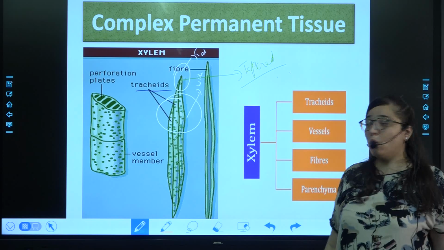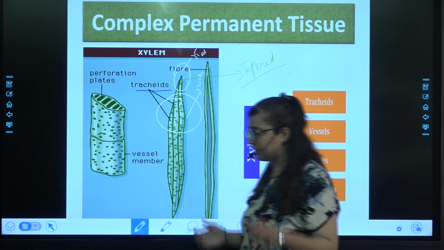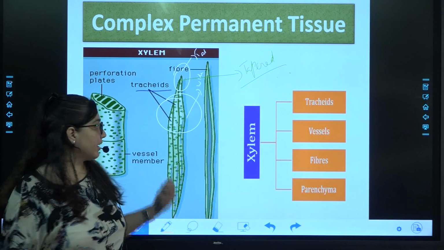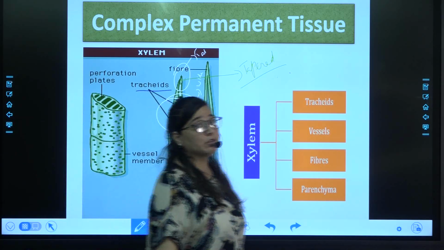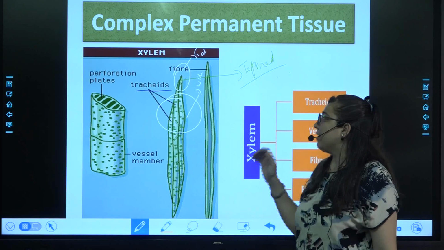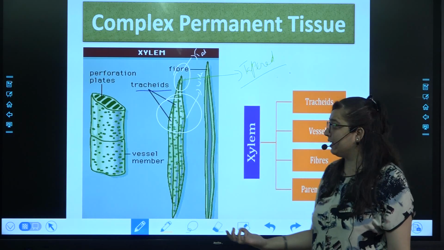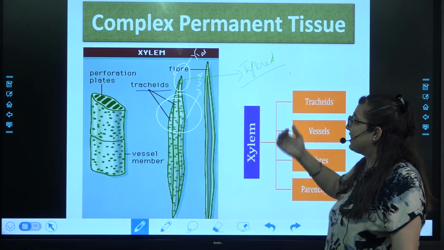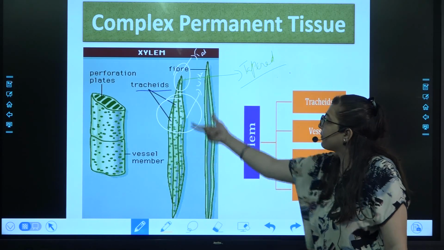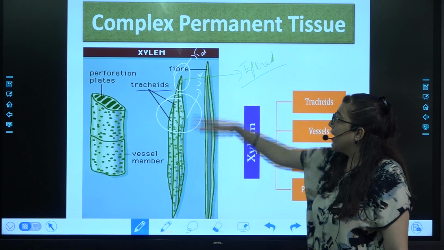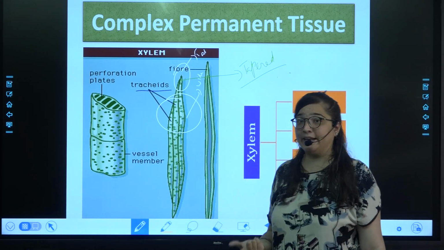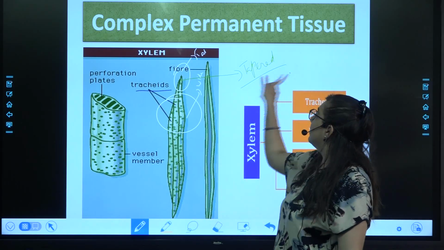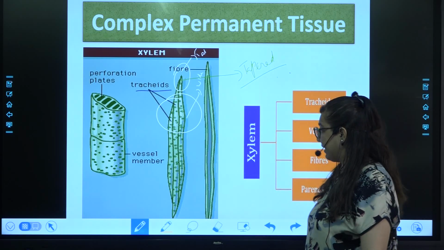Once again, into how many types is xylem divided? It is bifurcated into four types: tracheids, vessels, fibers and parenchyma. If we talk about the tracheids, the lumen, that is the opening, is quite wide while it is tapered towards the end.